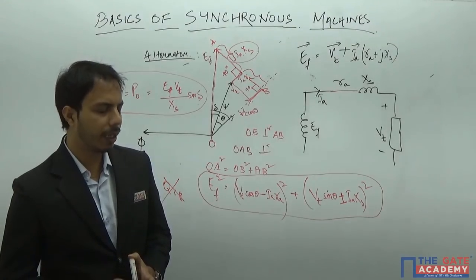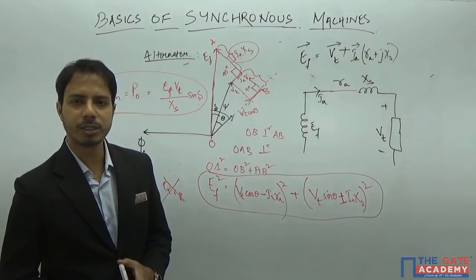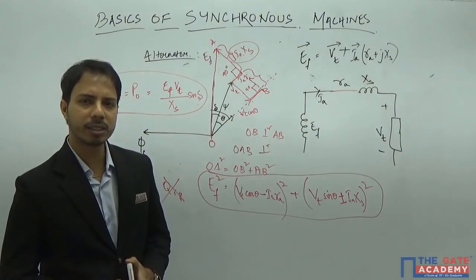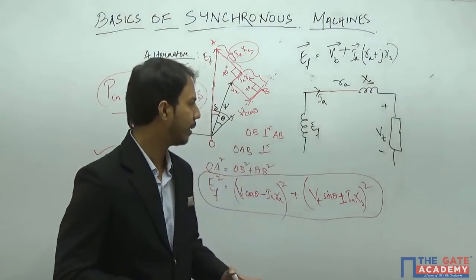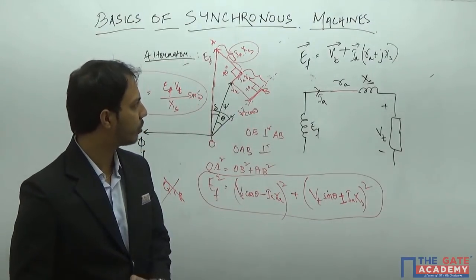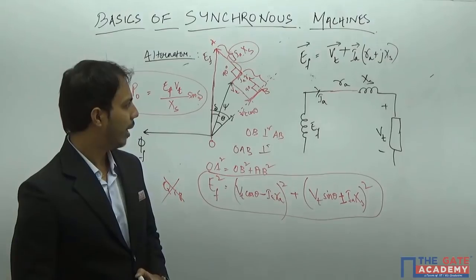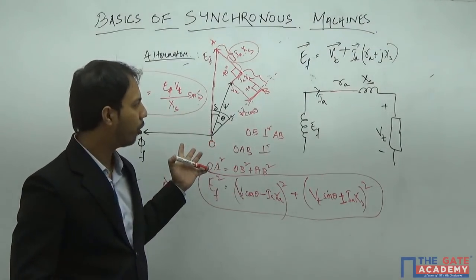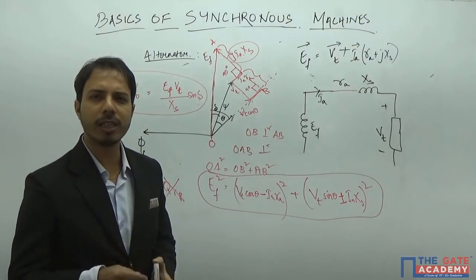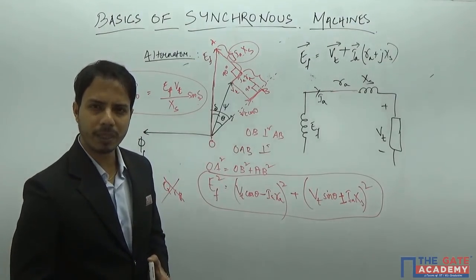Also, we can calculate the voltage regulations. There are various techniques and methods which I will discuss in other videos. For now, let us stick to this basic, and I hope what I have discussed will help you to visualize it in a better way.